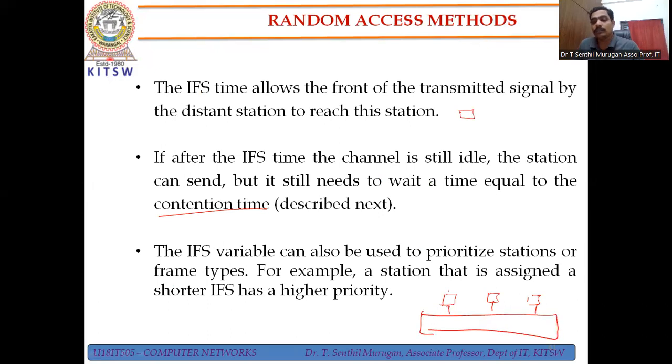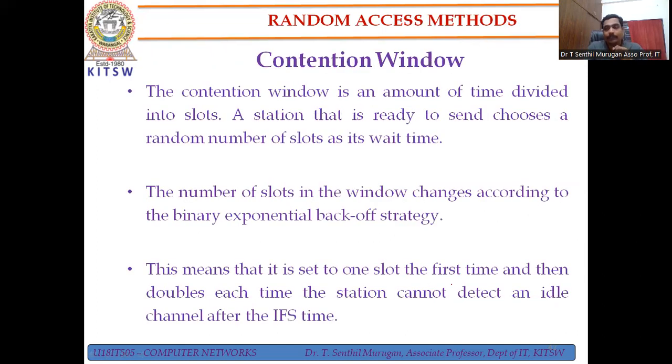Each station has an IFS time, because if the station senses idle, it doesn't send the data immediately; it has to wait for this time. This time is very short for prioritized stations, so the station given the most priority has less time. The second priority station has a medium interframe time. The one with no priority may send last. So we can give priority according to the IFS time.